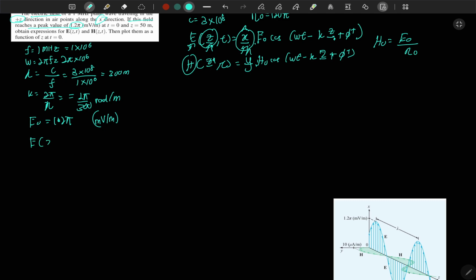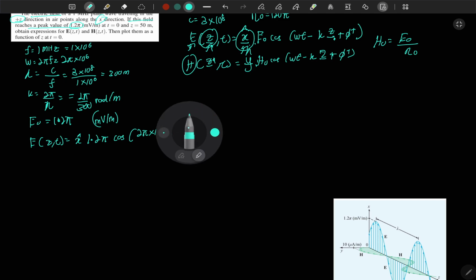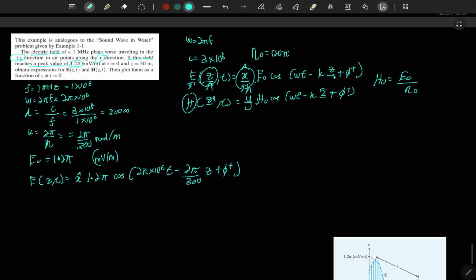So write E(z,t) is equivalent to 1.2 pi, the x vector for electric field, 1.2 pi cos(angular frequency was found 2 pi times 10 6 t minus k was found to be 2 pi over 300 z plus phi) as such. Now they said that it reaches peak value 1.2. So this 1.2 is actually the peak.